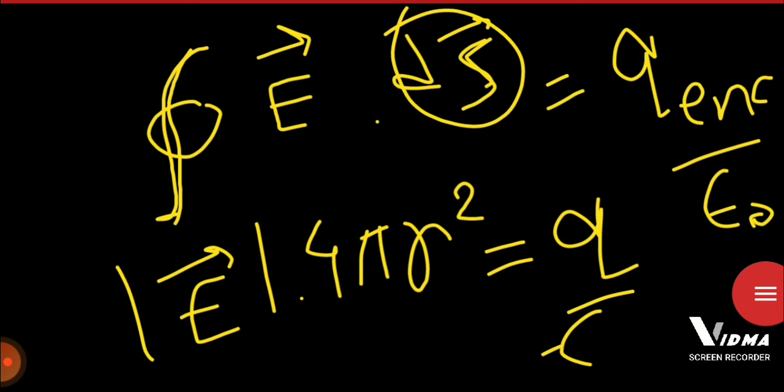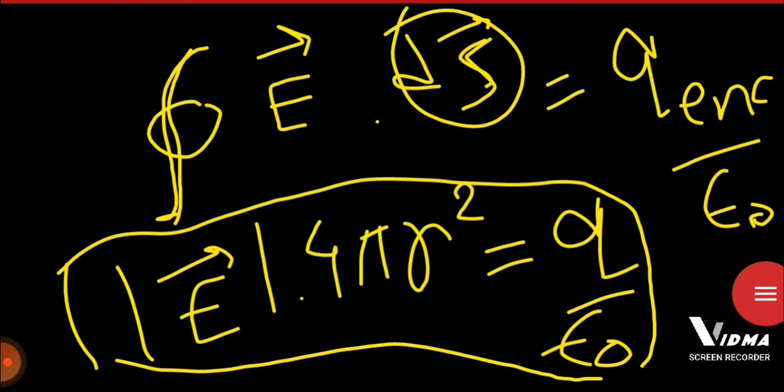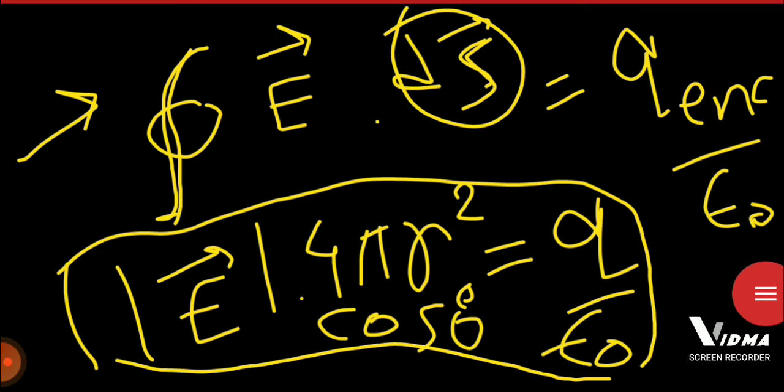So what we got is magnitude of E times 4 pi r square, and E is acting radially. So cos 0, theta is 0 there, because for the dot product E dot dS cos theta, theta is 0 as the electric field is acting radially. For theta 0, cos 0 equals 1.